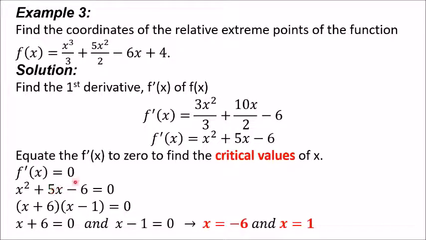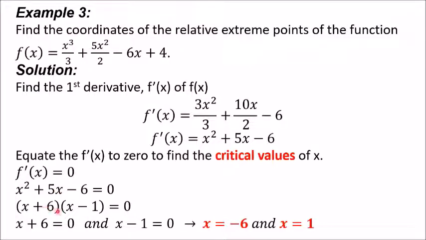At kapag naman i-times natin, ay magiging negative 6. So, yun na yun. 6 and negative 1. 6 times negative 1 is negative 6. And then, 6 minus 1 is 5. So, yun. Okay, so I hope you can remember the factoring in your algebra subject.